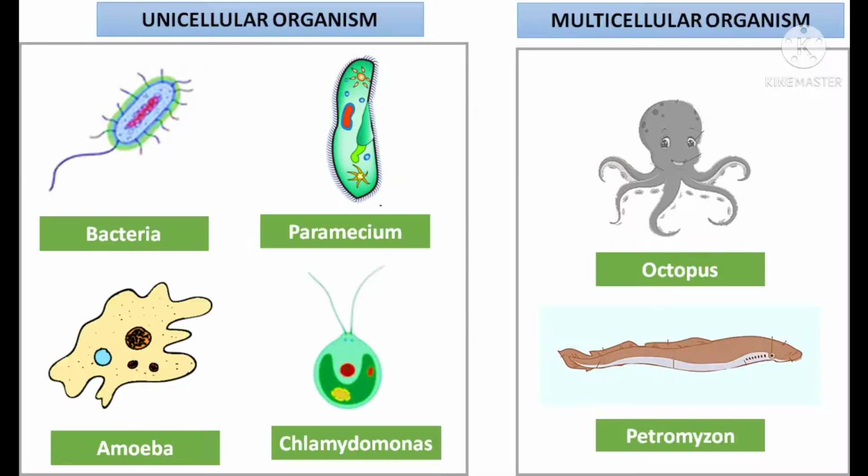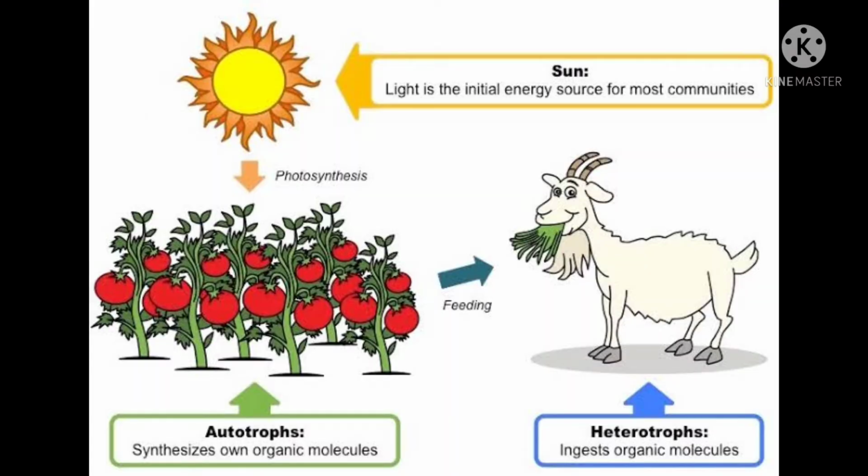The second characteristic is how the body is designed. If it is made up of a single cell, then it is known as unicellular. If it is made up of a group of cells, then it is said to be a multicellular organism. The third characteristic is based on production of food.